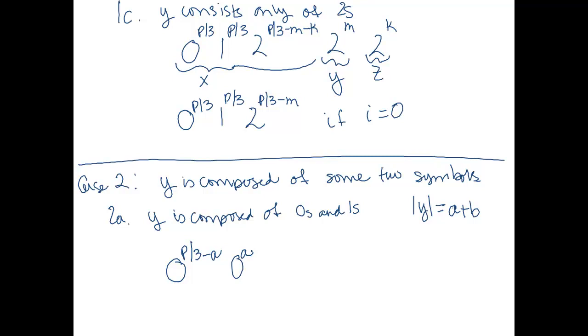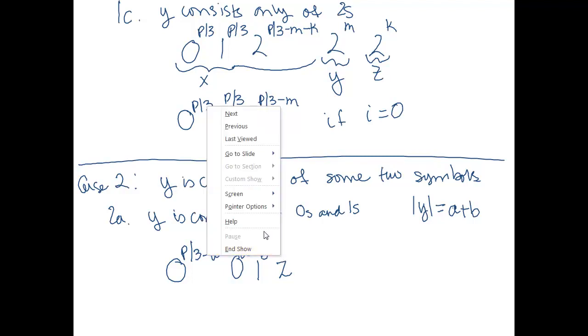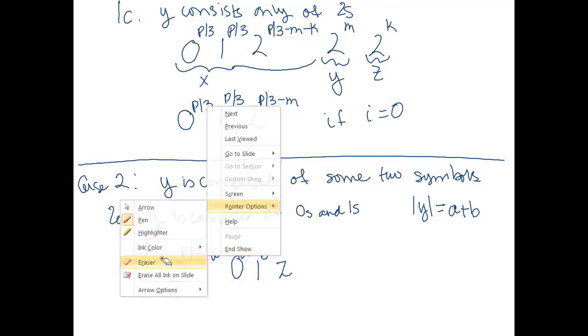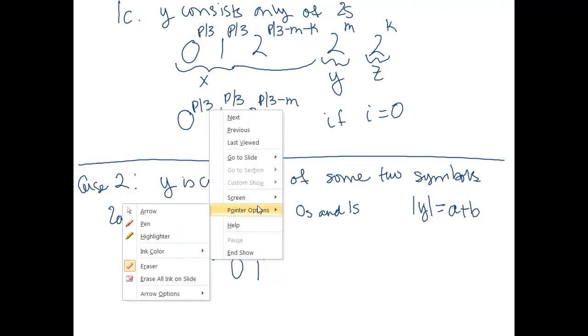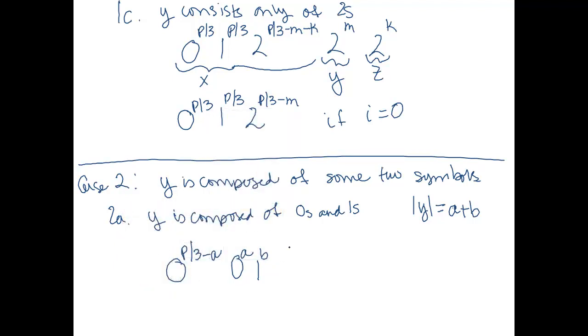It's also going to contain b ones. z could also contain some ones. We haven't restricted that actually. So these are going to be the ones that are in z. And then z also now has to cover all of the 2's.